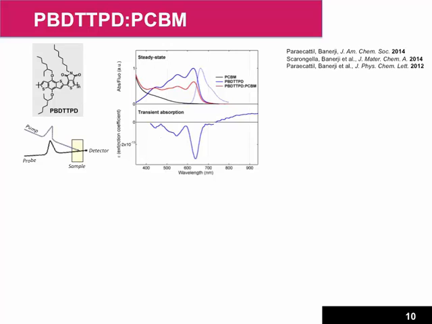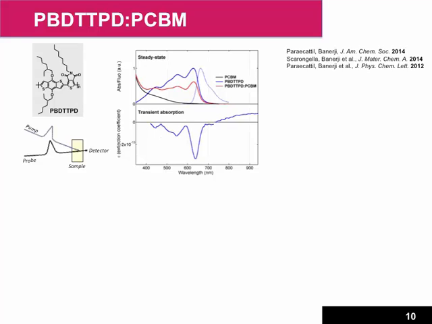So it's really a mixture. Here you have the emission spectrum of the neat polymer, and you can see that the Stokes shift between absorption and emission is very small, and this is, as I said, a sign that this polymer has very little relaxation, is very planar in both the ground and excited state, as I mentioned before.